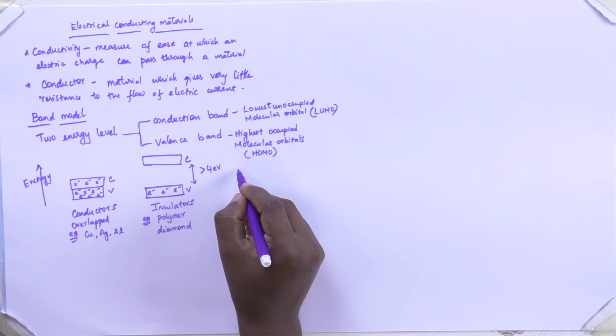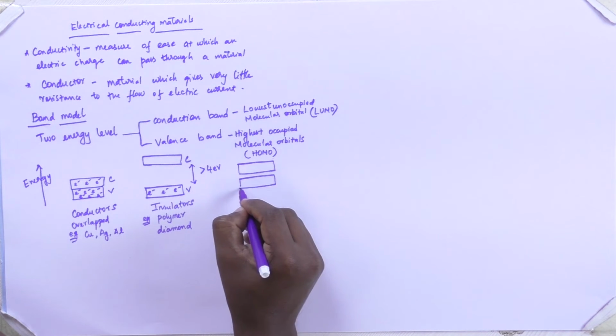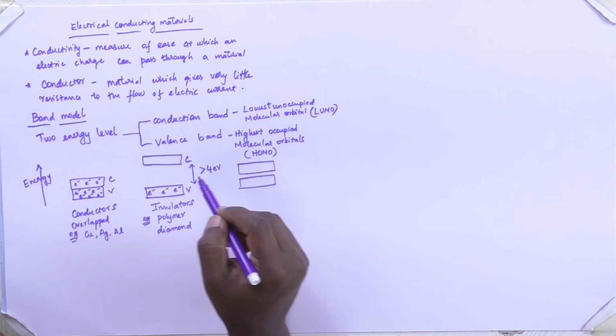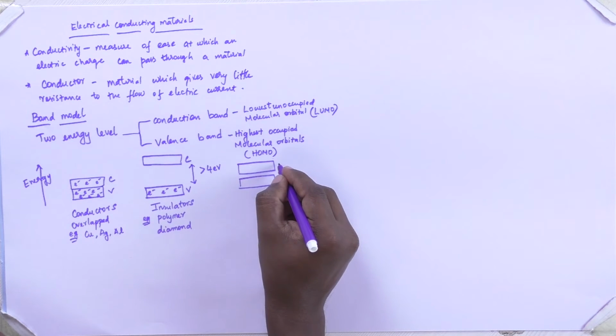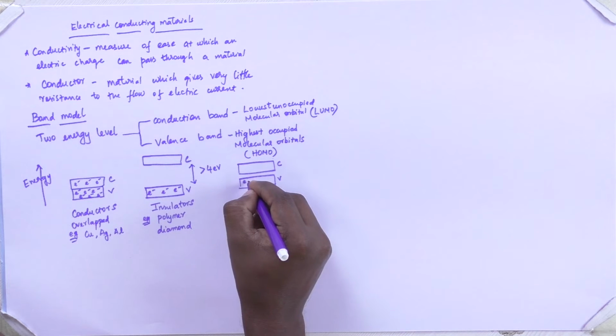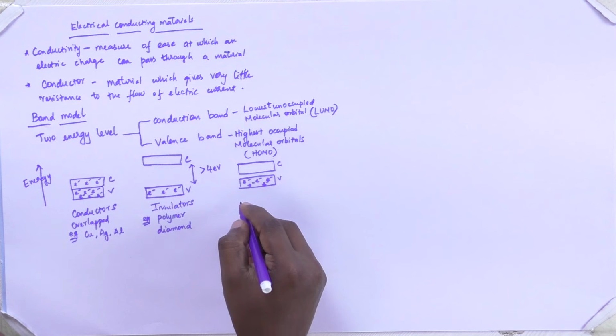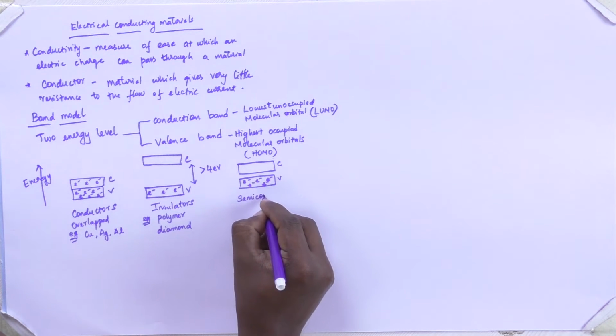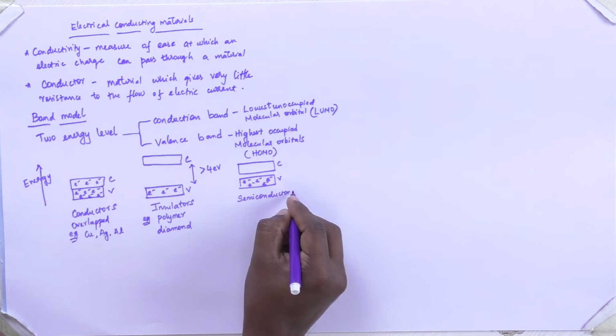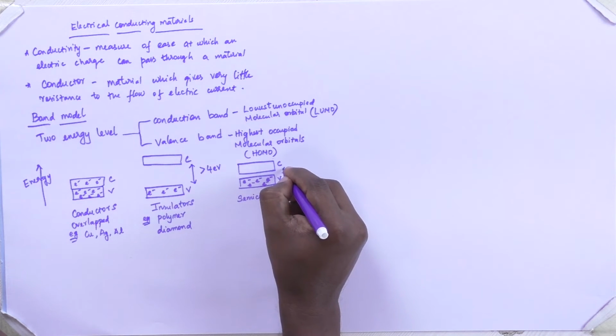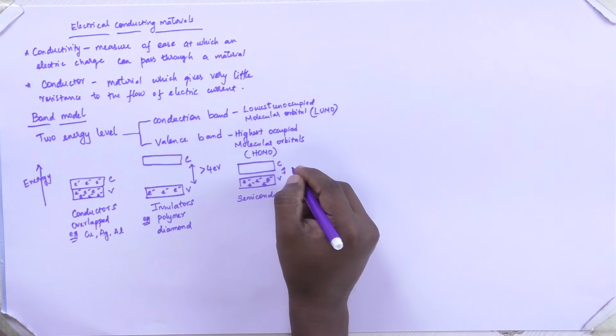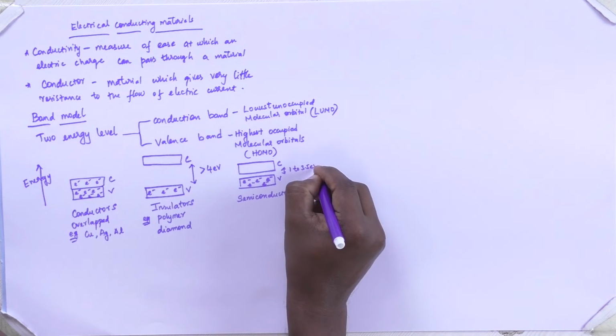There is a third category in which the conduction band and the valence band are in between that of conductor and the insulator. So this is your valence and this is your conduction. Here you have electrons, and these materials are called semiconductor materials. So they have a very narrow energy gap, which is usually in the order of 1 to 3.5 electron volt.